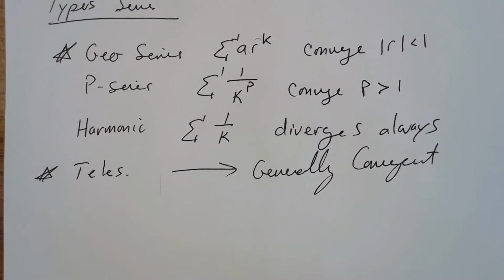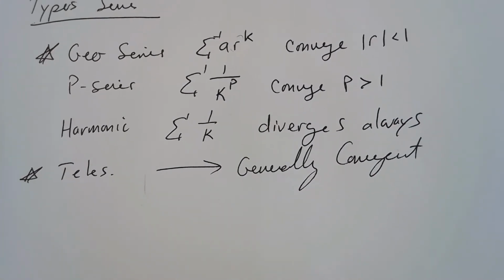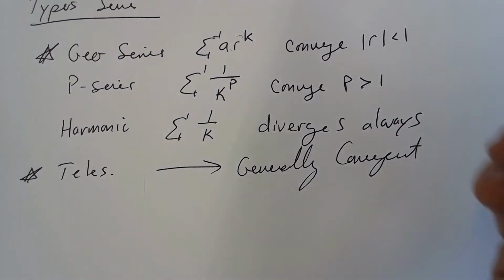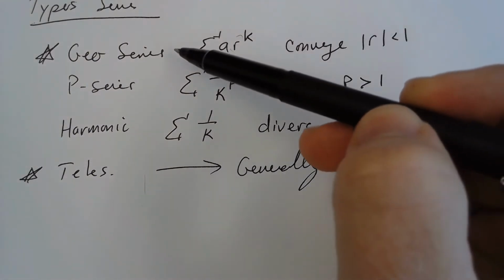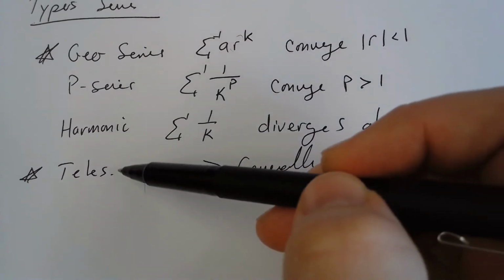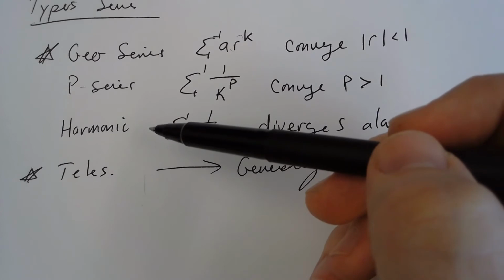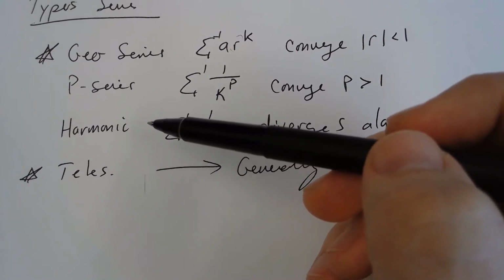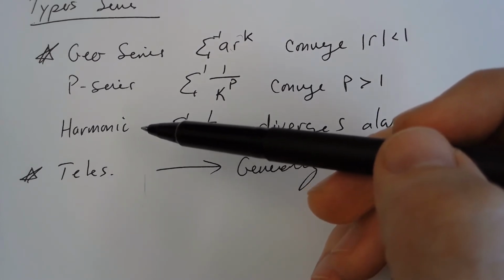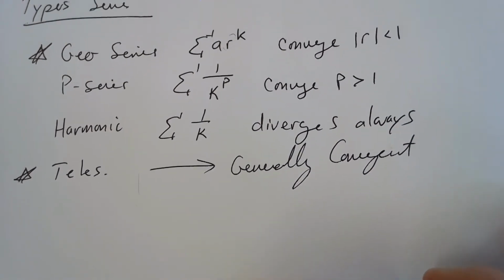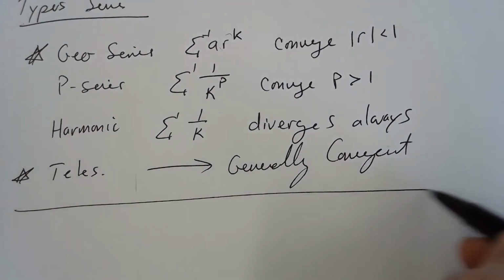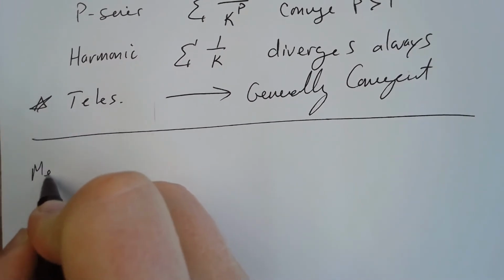So if somebody asks you to determine whether or not a series is convergent or divergent, and then follows up with, if the series is convergent, determine what it converges to, well, if it is convergent, and it's that type of question, then it has to be geometric or telescoping. Specifically because if it's not one of those two cases, we can't determine what it converges to without using the partial sums.